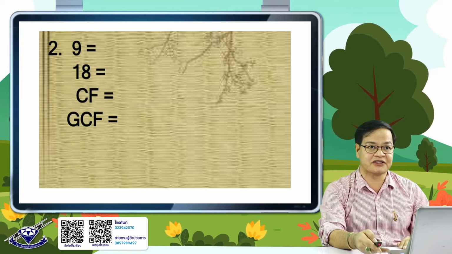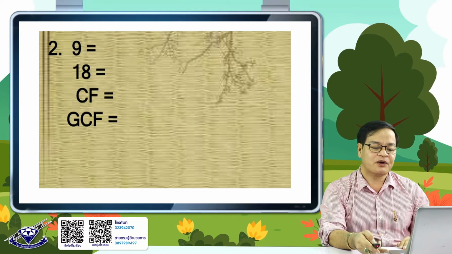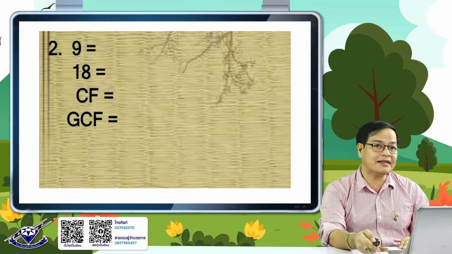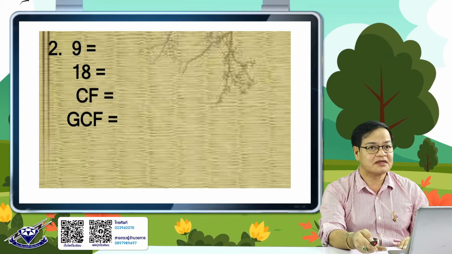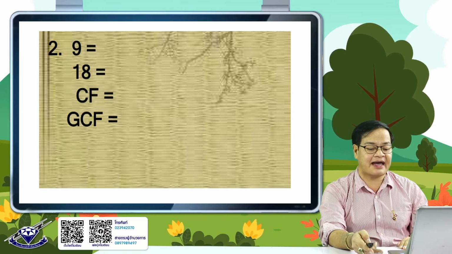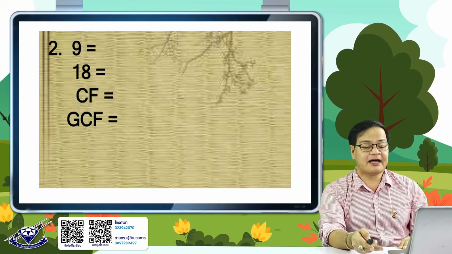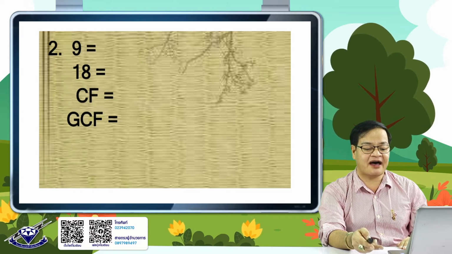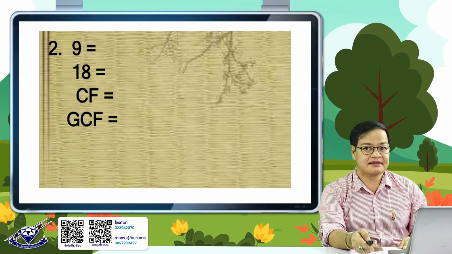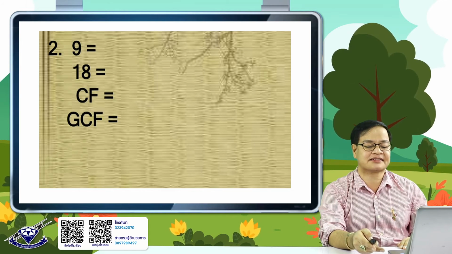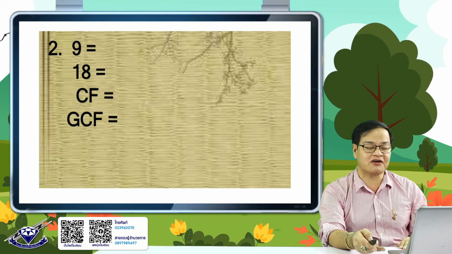What are the factors of 18? We have 1 and 18, 2 and 9. Another, we have 3 and 6. So what are the common factors?